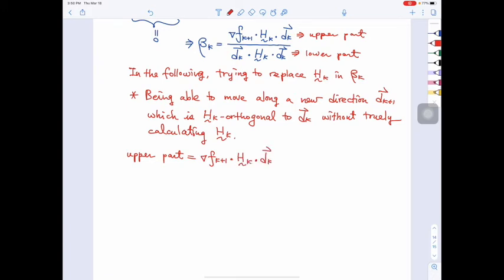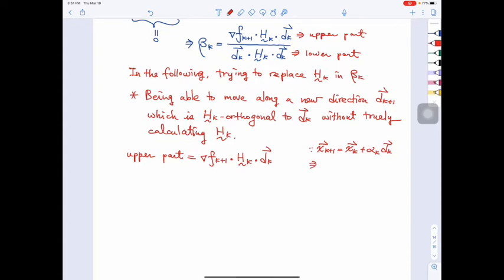I'm just copying down. Now, we need to rewrite this whole thing and see what happens. Remember, dk came from this equation.